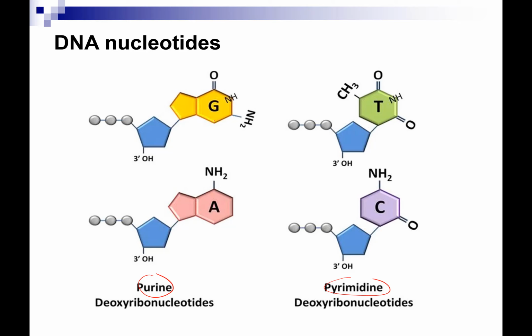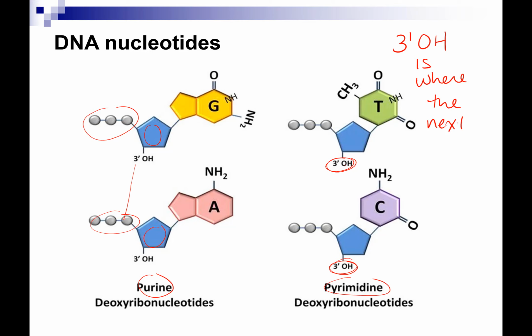Okay. Notice these all have phosphate, sugar, and then a base. So here's where you get your phosphate sugar backbone by connecting nucleotides. All of these bases have a 3' OH. The 3' OH is where the next nucleotide is added.